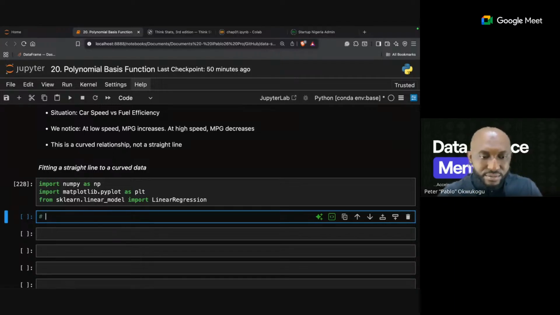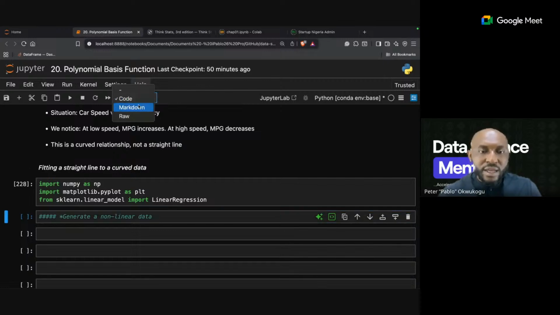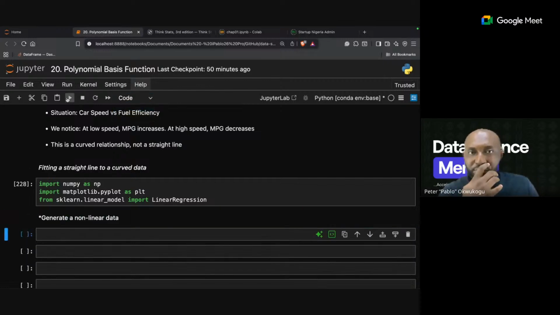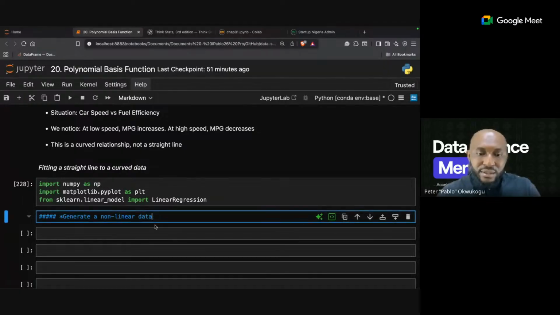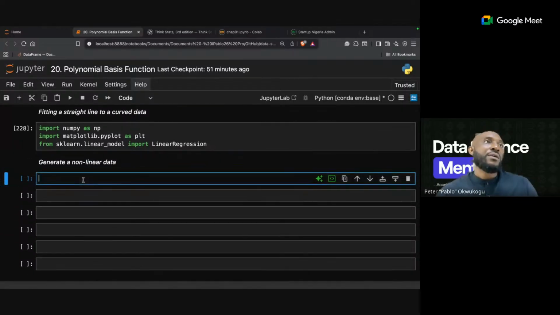So I'll generate non-linear data. Also, while we do this, it's important to understand that every code written is an abstraction of something in reality, and every code written is an opportunity for you to learn Python and understand how Python is used to make a lot of abstractions, right?